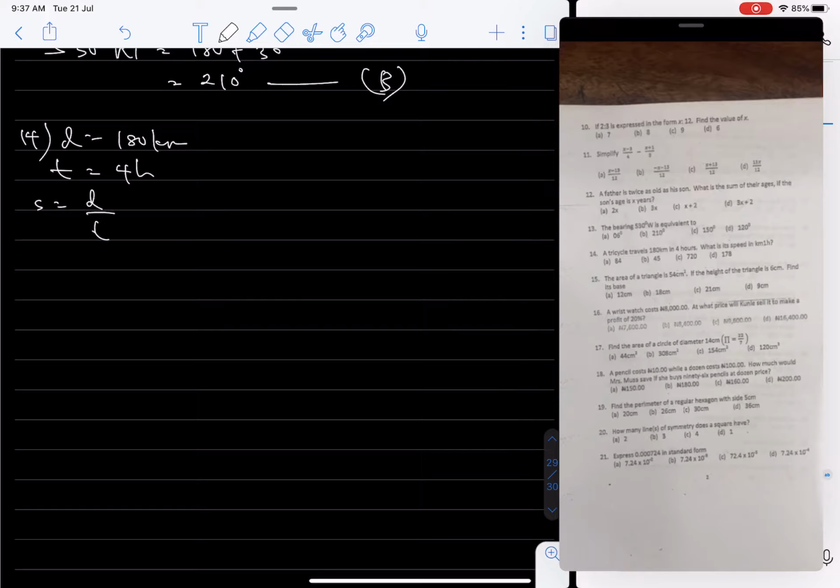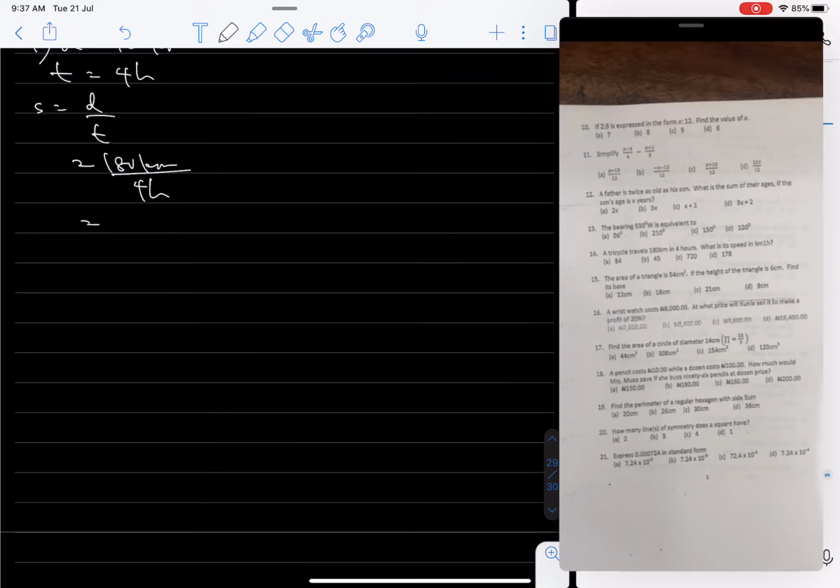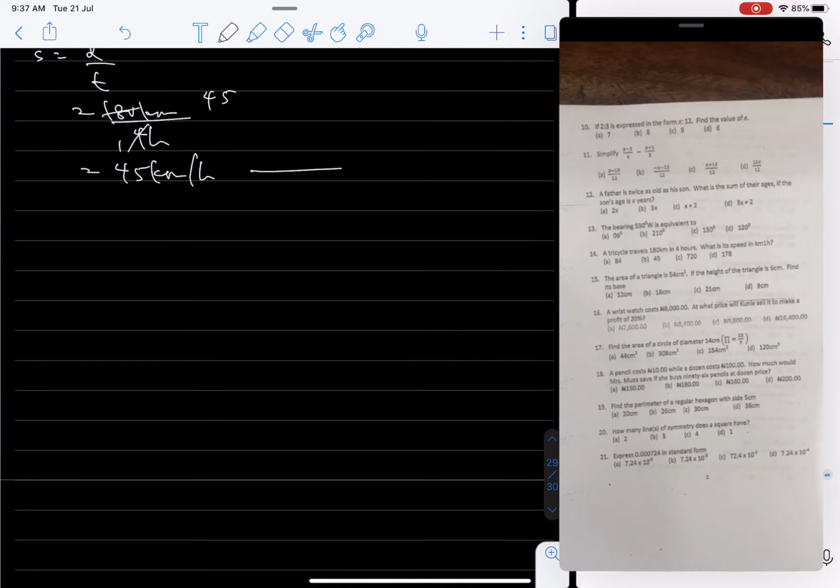Speed is distance over time, and that's 180 kilometers over 4 hours, which is 45 kilometers per hour. Of course, you know the unit of speed is kilometers per hour. And the correct option to that is B.